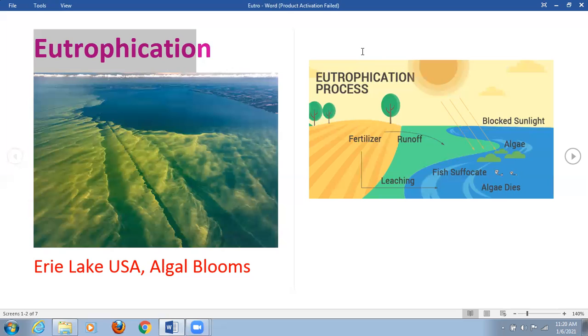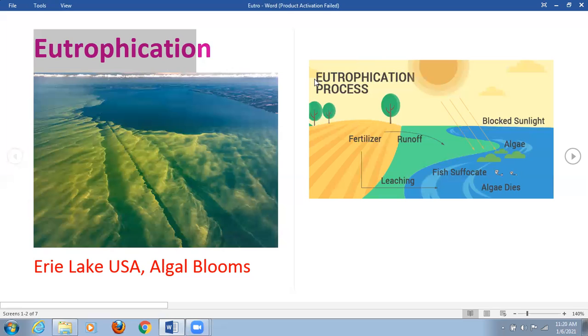Then, because of human activities also, such as sewage or domestic waste water, which contain such nutrients and organic matter, the water becomes rich in nutrients. Due to the phosphate and nitrate, the water body becomes highly productive and eutrophic.